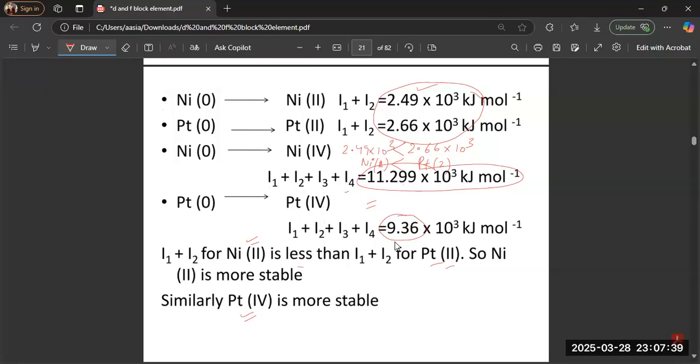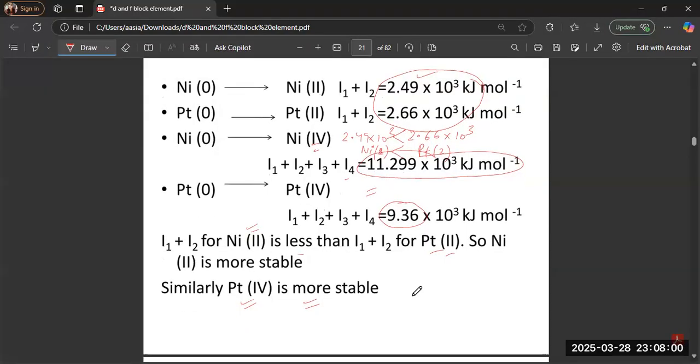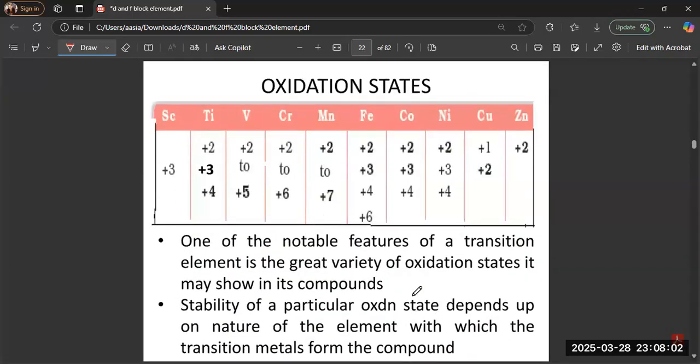If we compare nickel +4 and platinum +4, which one has less ionization enthalpy? Platinum +4 has less ionization enthalpy, so platinum +4 is more stable than nickel +4. I hope it is clear.